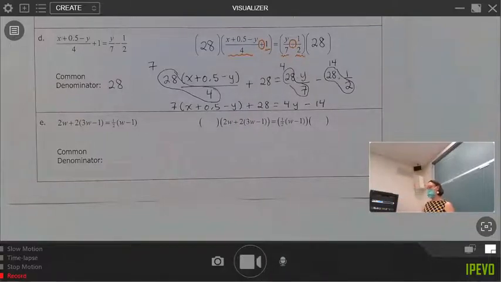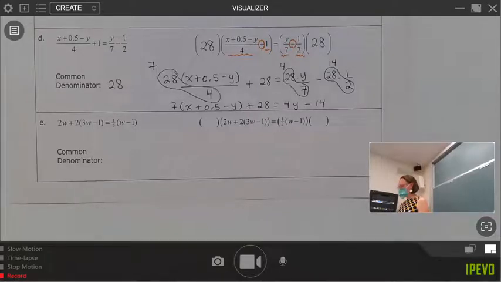Technically, my instructions for the worksheet were not to actually solve anything. And here I have both x's and y's in the mix. So I would have to give you more instruction if I wanted you to isolate the x by itself or isolate the y by itself. But for now, I just wanted to practice the getting rid of the fractions part.